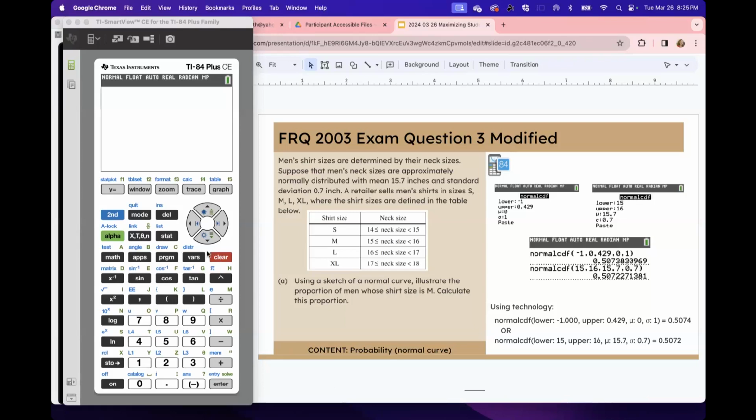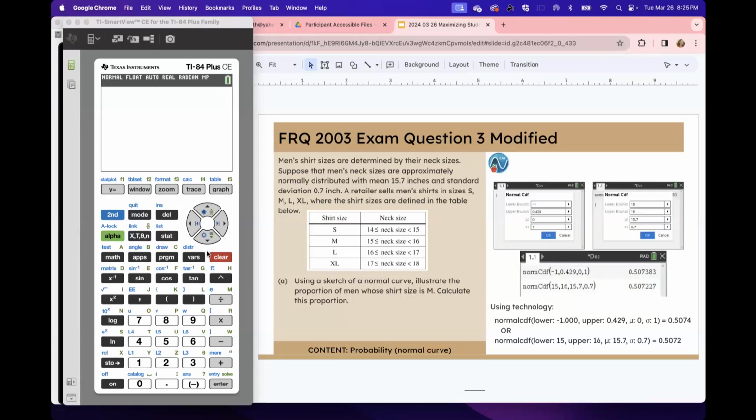So with lower being -1 and upper being 0.429 if you're doing the standardized scores, and with lower being 15 and upper being 16 if you're doing it with the unstandardized distribution of neck size. Cool. Well, shall we plow ahead? Because I think it's going to get a little meaty here. On to part B.